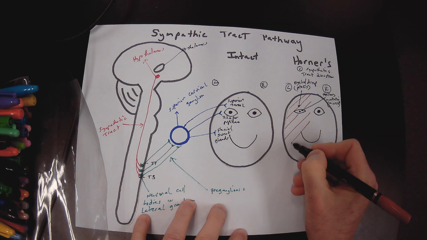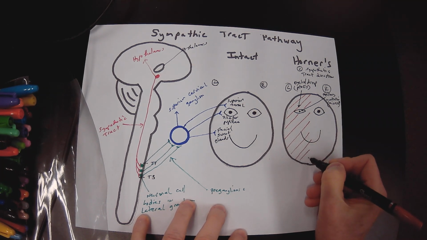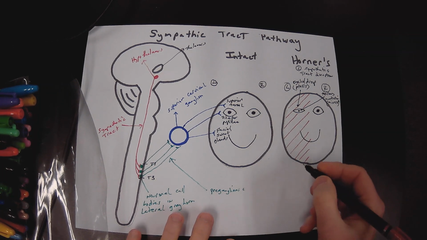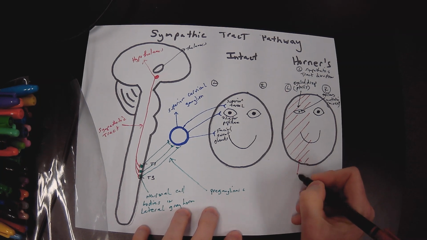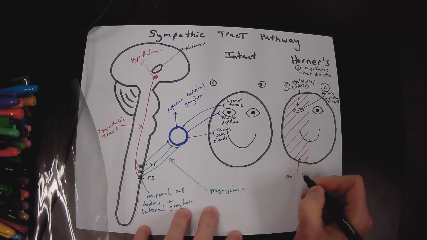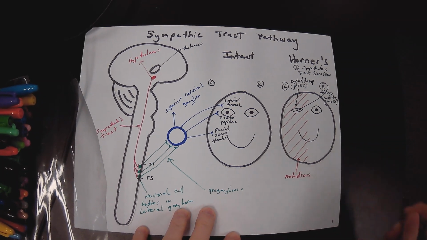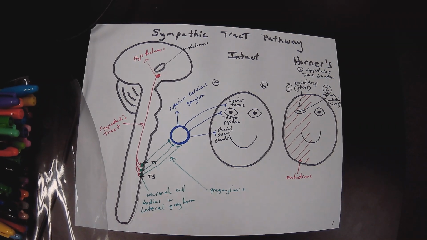The person's not going to be able to sweat, so the whole half of their face is going to be flushed and red. Okay, and this has a name. This flushed face is due to something called anhidrosis. A-N-H-I-D-R-O-S-I-S. Anhidrosis means lack of facial sweating.